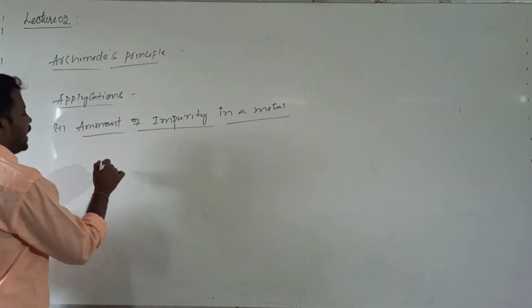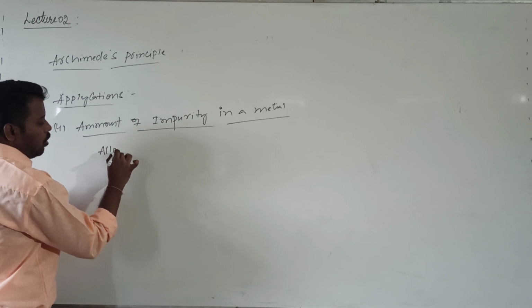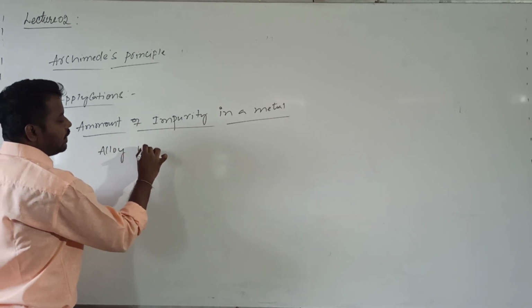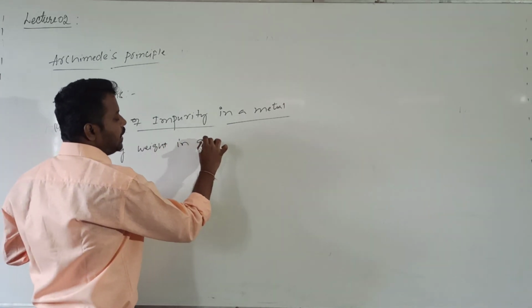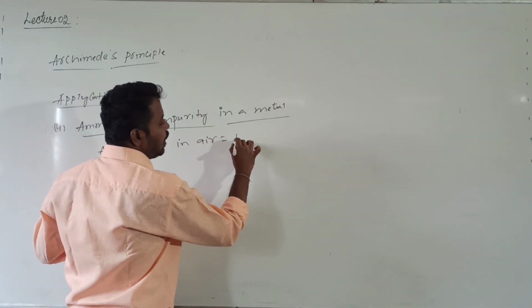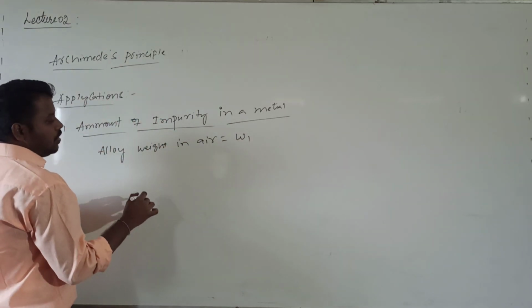First, we need to take one alloy. Let me call the weight of that alloy in air W. This alloy is a mixture. Let us suppose it is a mixture of two metals.